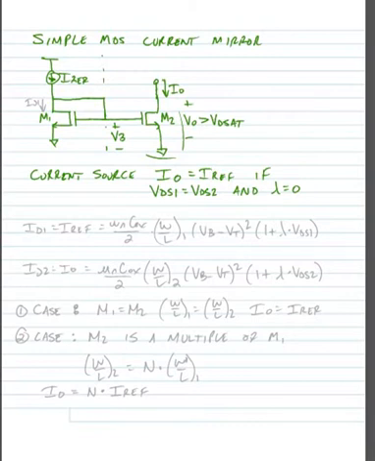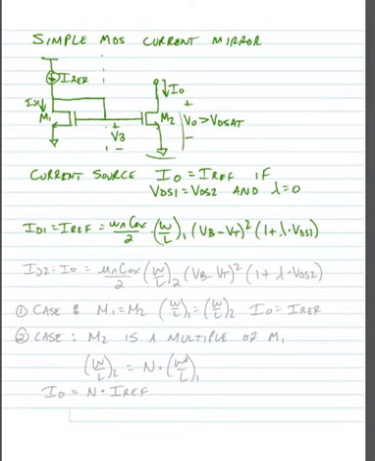Alright, so we know we can write what the currents are here. So we know that the drain current ID1 is equal to Iref. And we also know that it's equal to mu n C ox over 2 times W over L1 times V bias minus VT squared times 1 plus lambda times VDS1.